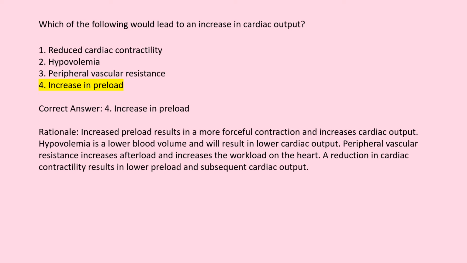Increased preload results in a more forceful contraction and increases cardiac output. Hypovolemia is a lower blood volume and will result in lower cardiac output. Peripheral vascular resistance increases afterload and increases the workload on the heart. A reduction in cardiac contractility results in lower preload and subsequent cardiac output.